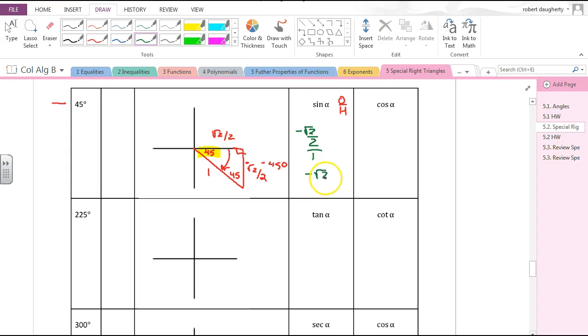So this is negative square root of 2 over 2. What's the definition of cosine? Adjacent over hypotenuse. Looking at this angle, what's the adjacent side? Yeah, square root of 2 over 2 divided by 1. So that's just square root of 2 over 2, okay?